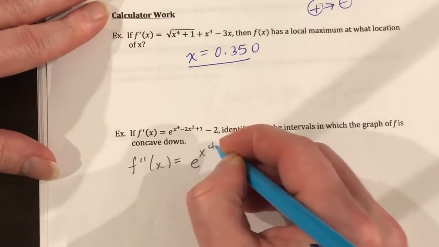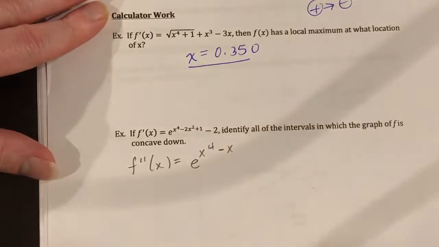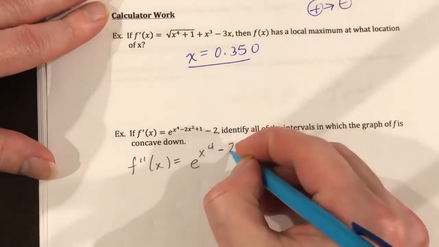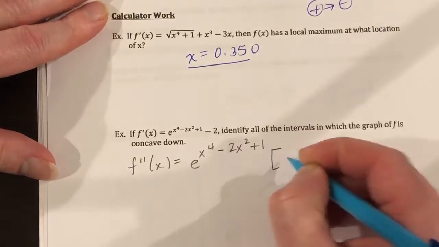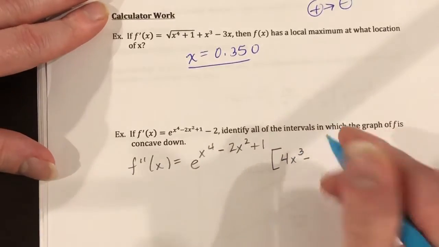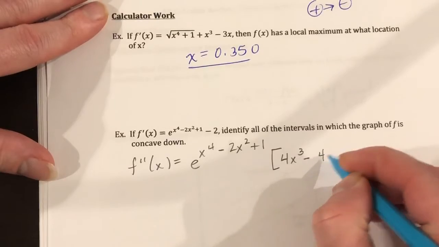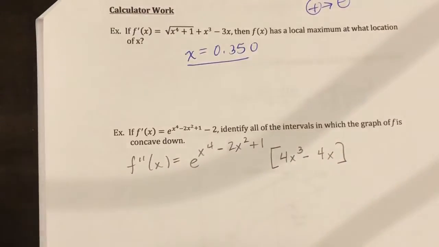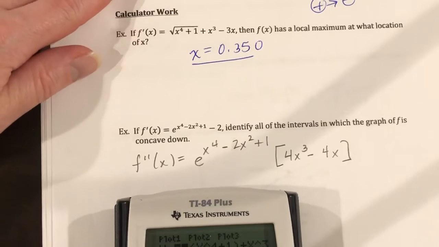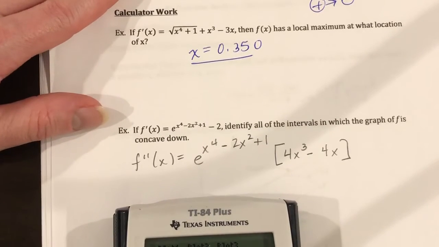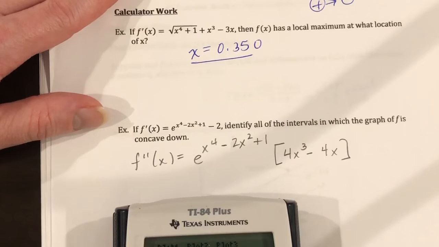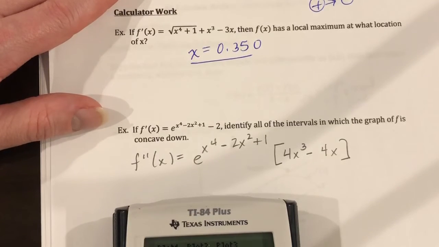Minus 4x. I'm going to put that in my calculator and locate the zeros. I'm going to put another set of parentheses just to be careful.